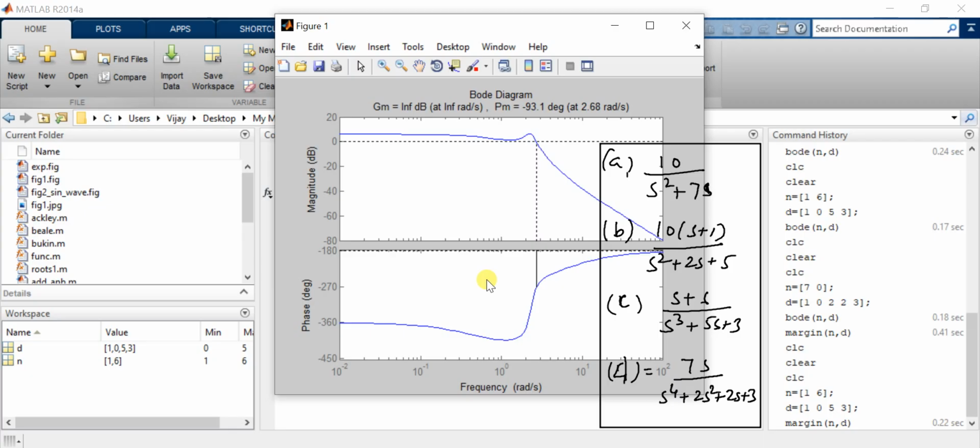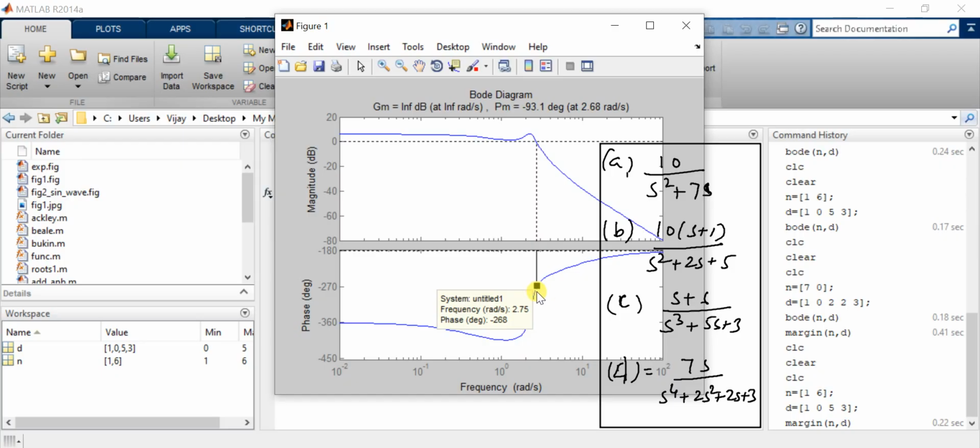As you can see here, gm is infinite. It is written there at infinite radian per second, and pm is minus 93.1 degree. Here this is pm. You have to subtract 180 from this or add 180 degrees to this at 2.68. So my location is wrong. Just put it here.